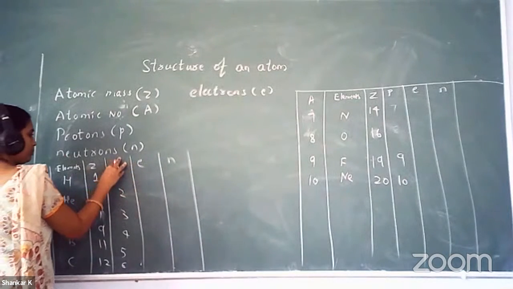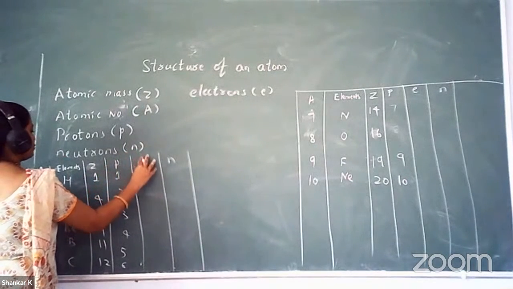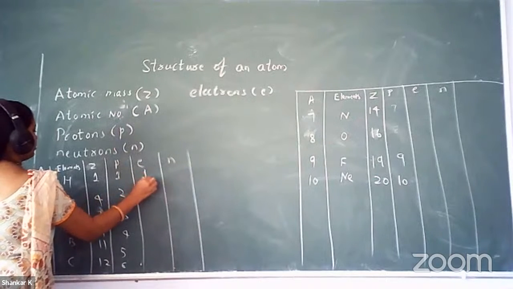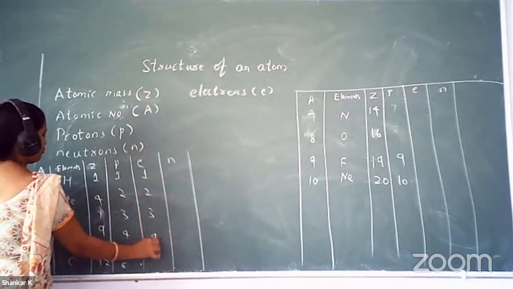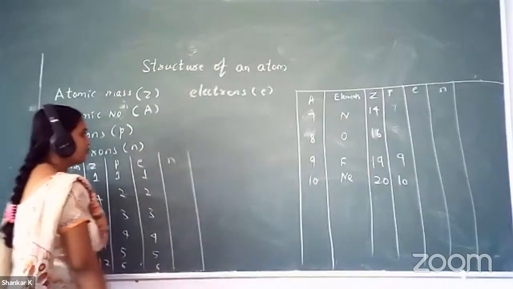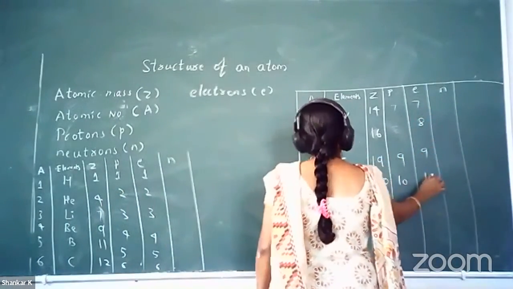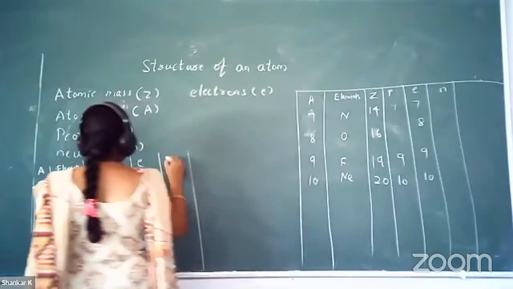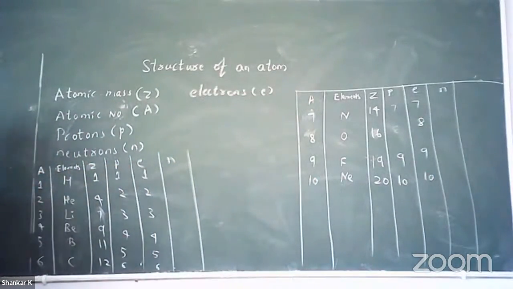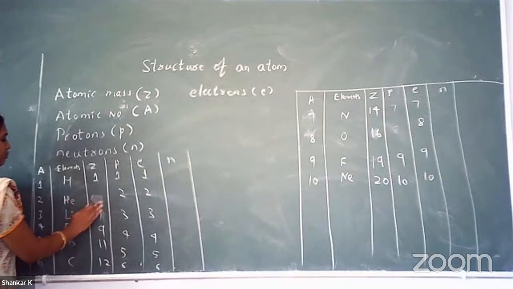However many protons there are, that many electrons there will be. Then what about neutrons, students? A little different. Here helium's atomic mass is 4, no?